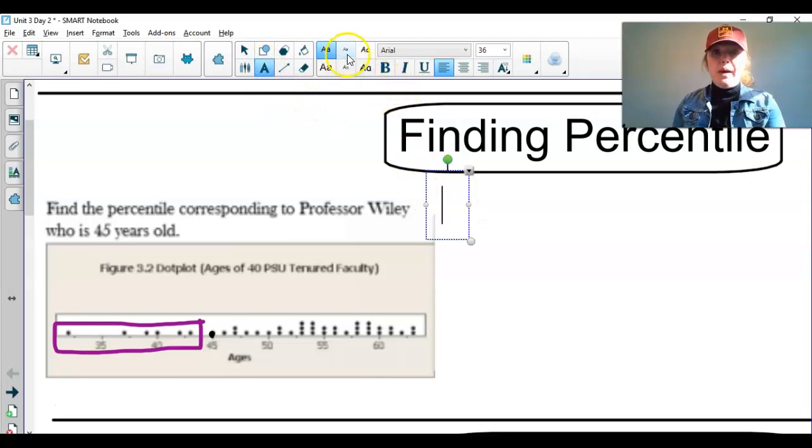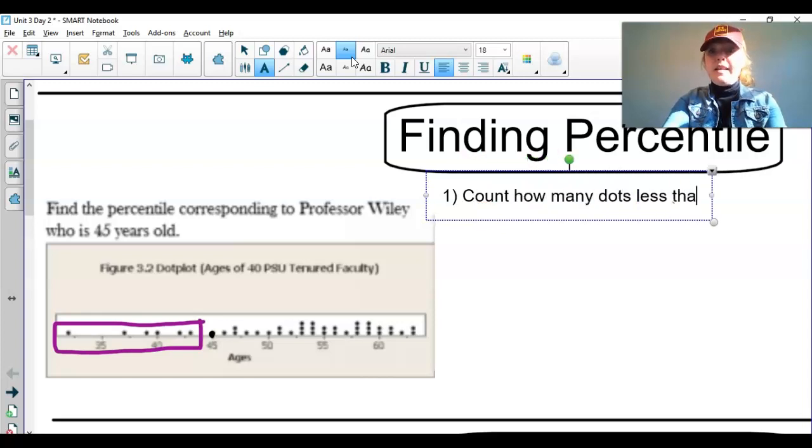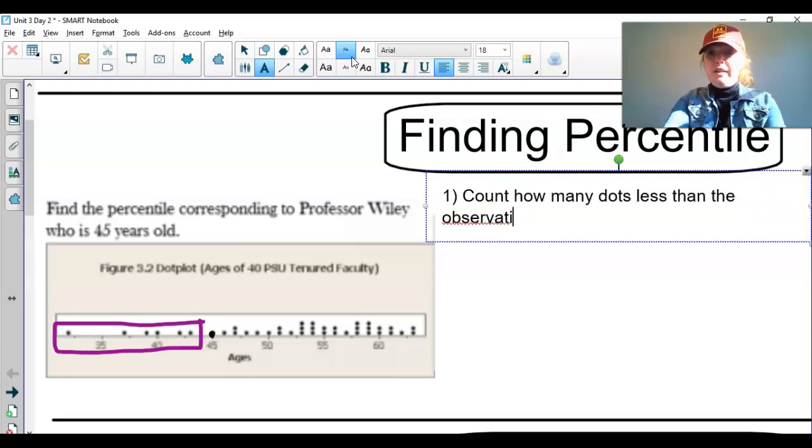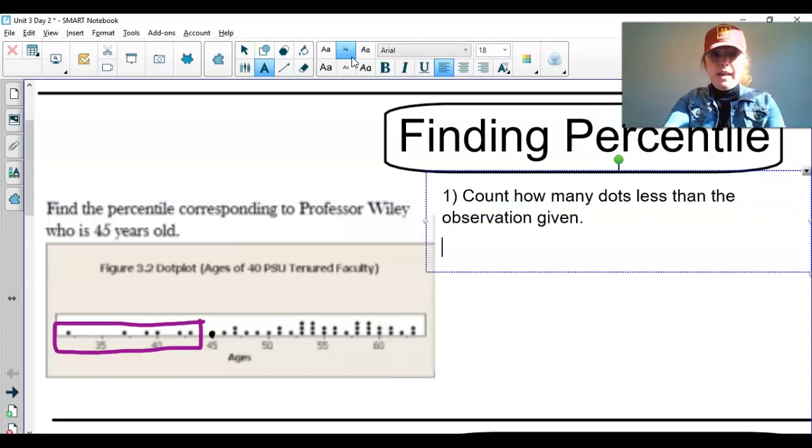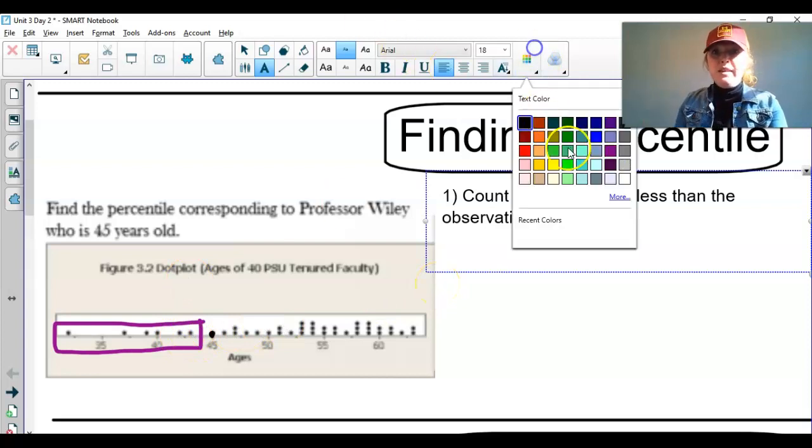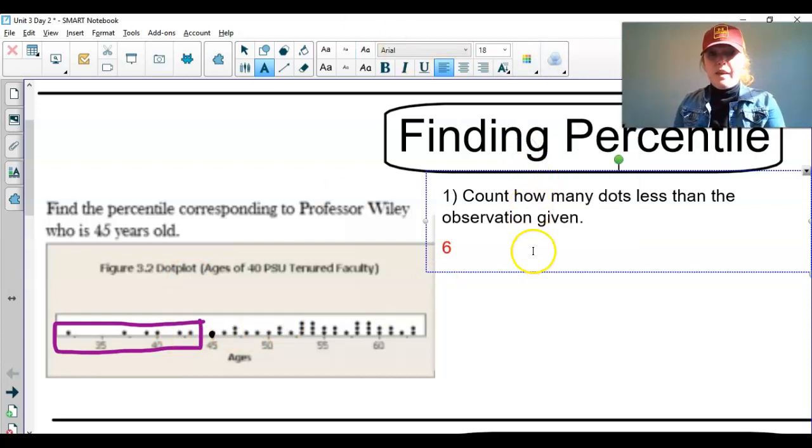Step 1: we're going to count how many dots are less than the observation given. In this case, 6 dots are less than 45, because that's the observation given right there. So we got 6 for an answer there, okay?